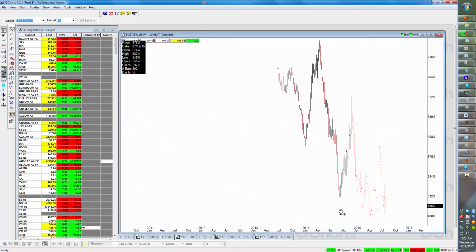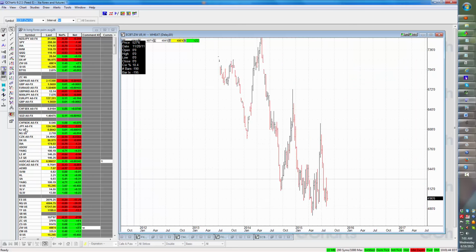And so what we can see here is that these daily pivots are also pivots or reversal points on a weekly chart.